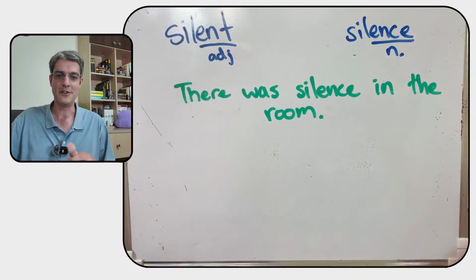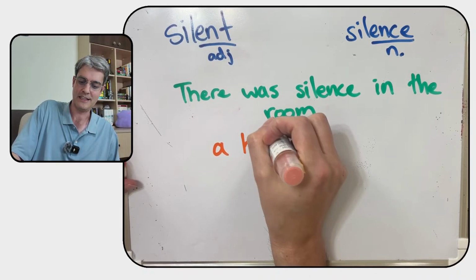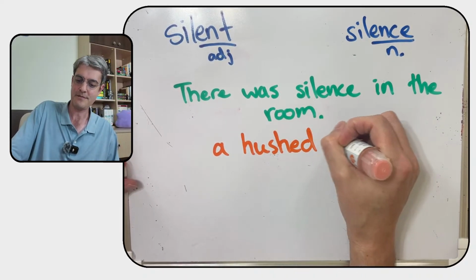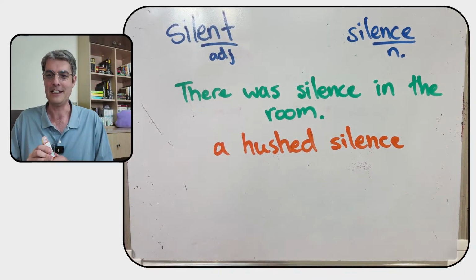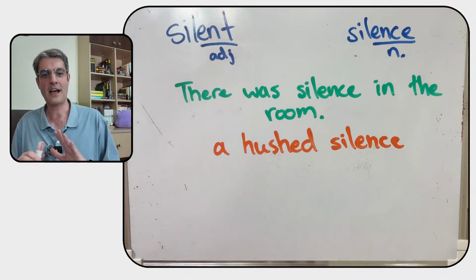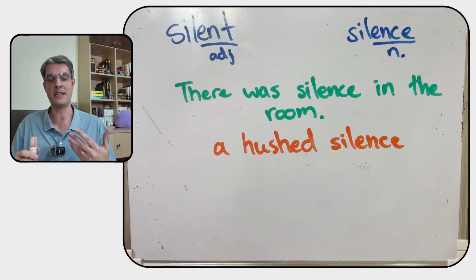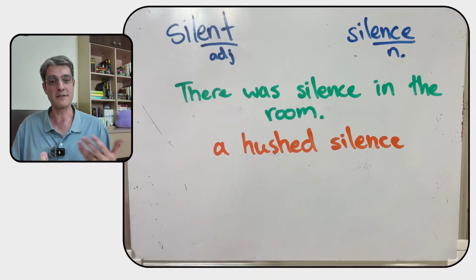And another useful collocation here is a hushed silence. You'll see this one a lot in writing, in different literature. And a hushed silence occurs when people are waiting for something important, like before a performance or an announcement or the start of a ceremony.